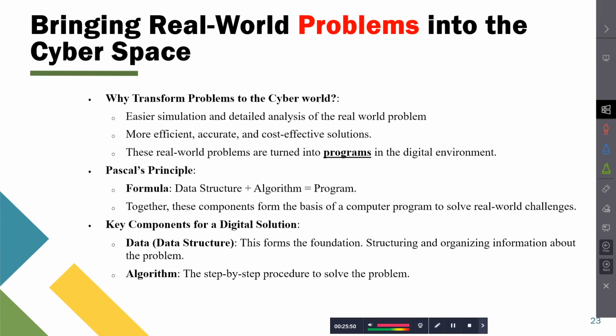We need to identify and clarify the physical problem we are trying to solve. For example, reducing traffic congestion in a city. Then we need data collection: gather relevant data from the physical world, such as sensors, surveys, traffic cameras, GPS data, and historical traffic patterns.